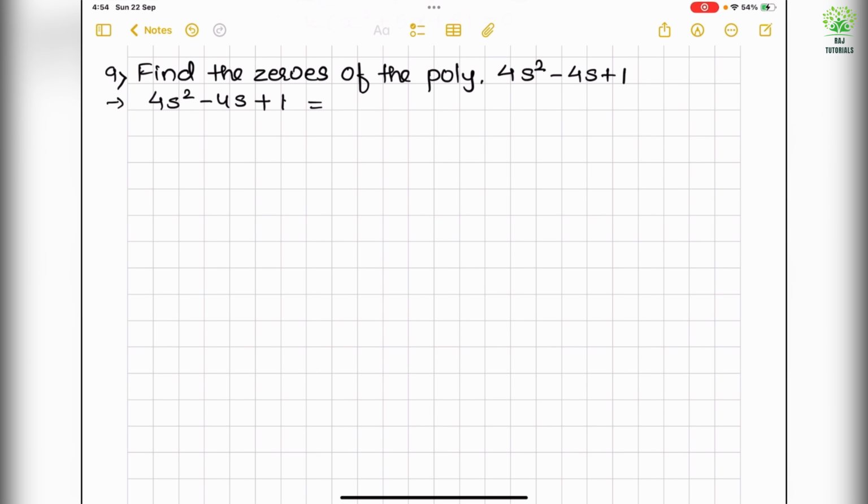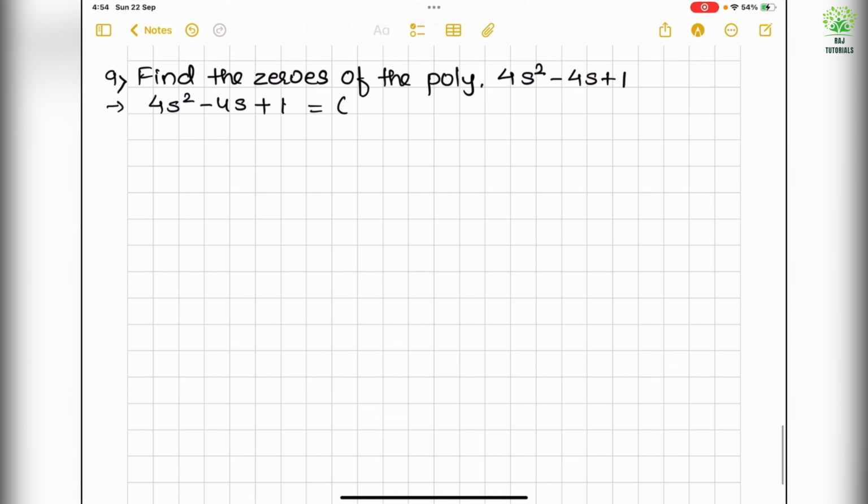Next question says find the zeros of the polynomial 4x square minus 4x plus 1. So here I can write this as 4x square minus 4x plus 1 as 2x whole square minus 2 into 2x into 1 plus 1 square. So that will be nothing but 2x minus 1 whole square.